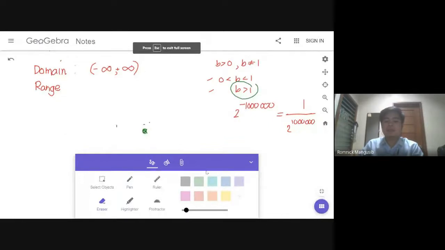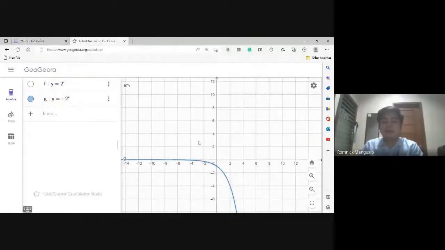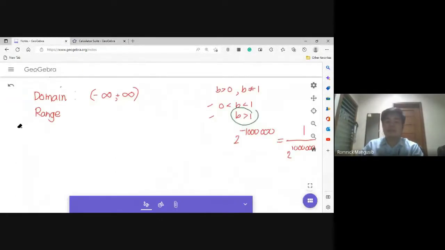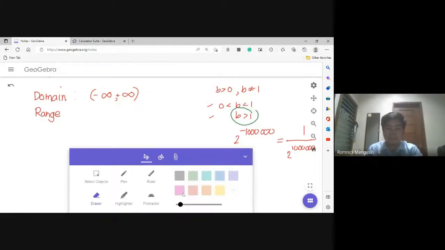In solving, include now solving the horizontal asymptotes. No? Meron pa tayong tinatawag na horizontal asymptotes ang isang exponential functions. Okay?